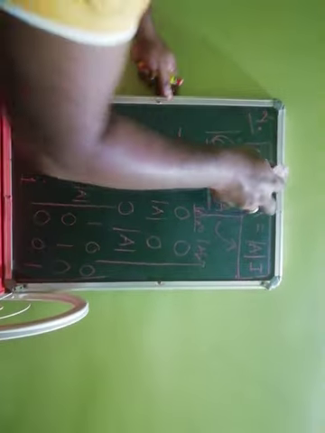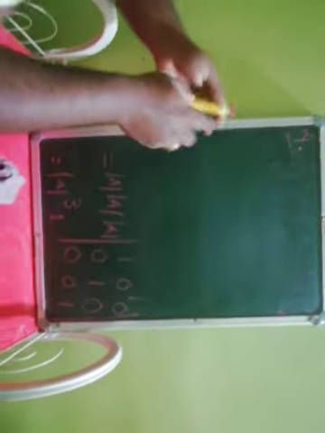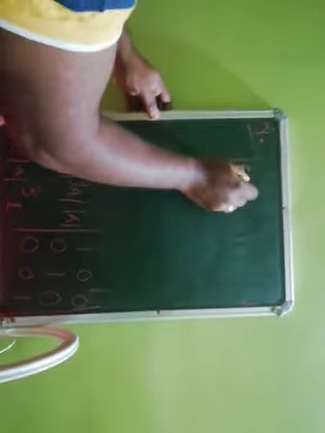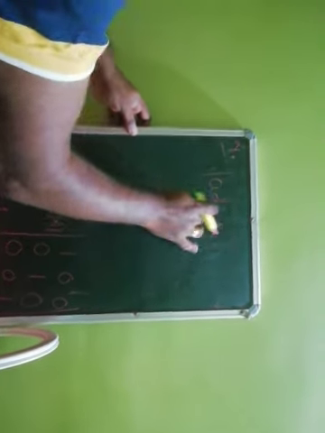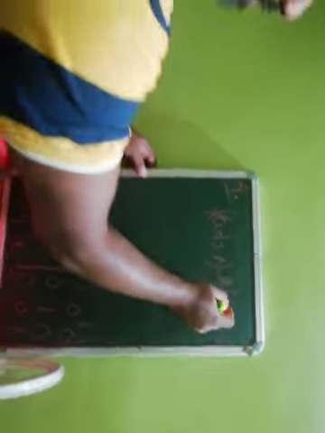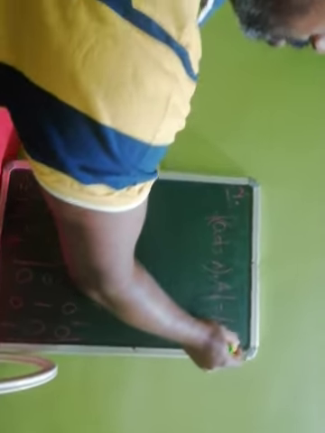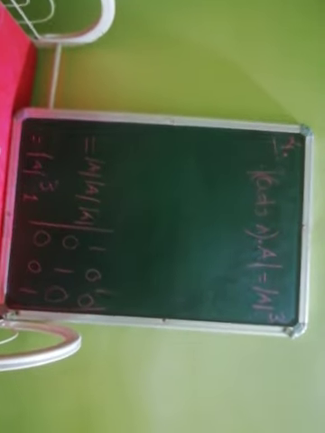So what we have seen here is that the determinant of adjoint of A into A is determinant of A whole cube.